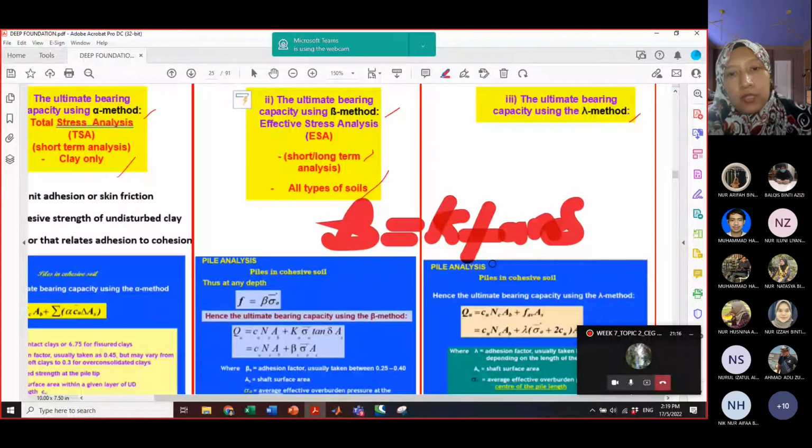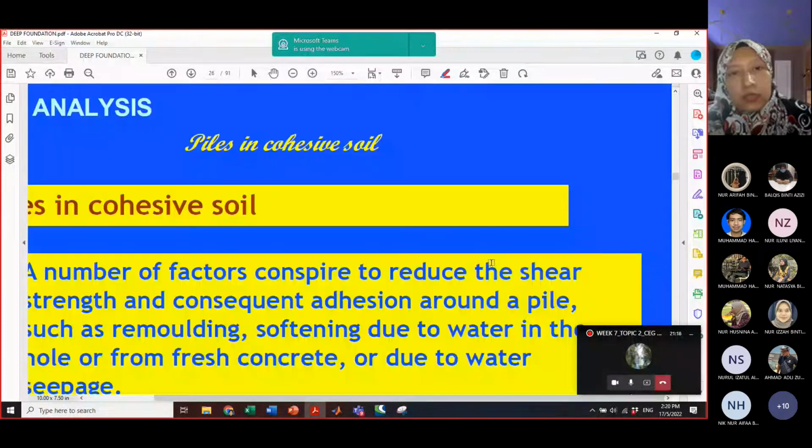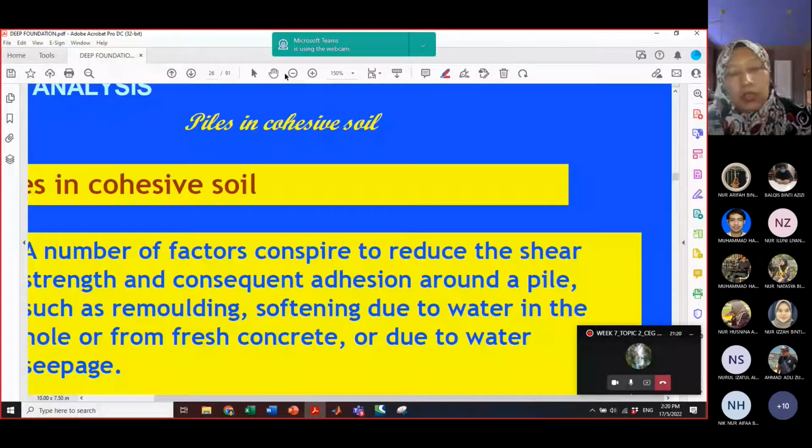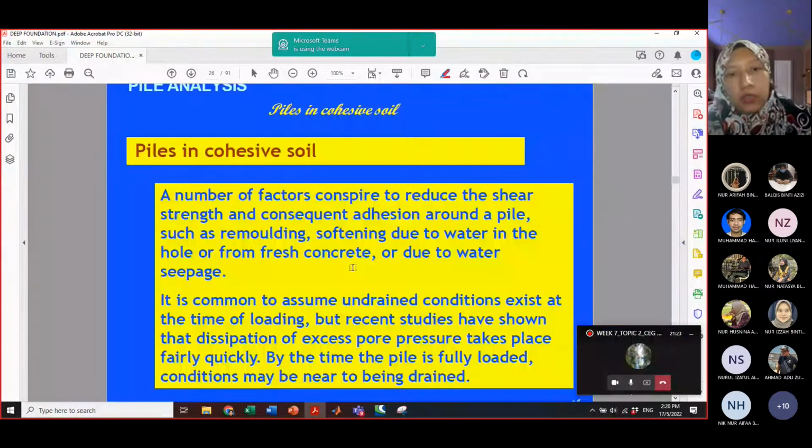Okay, the next one, you may see what we call here, the expanded explanations of what we had in this method to calculate the pile's capacity. For example, as I told you, there are some factors considered in the analysis and how the additions around a pile can be part of the factor and then factor calculations in the end of the results.